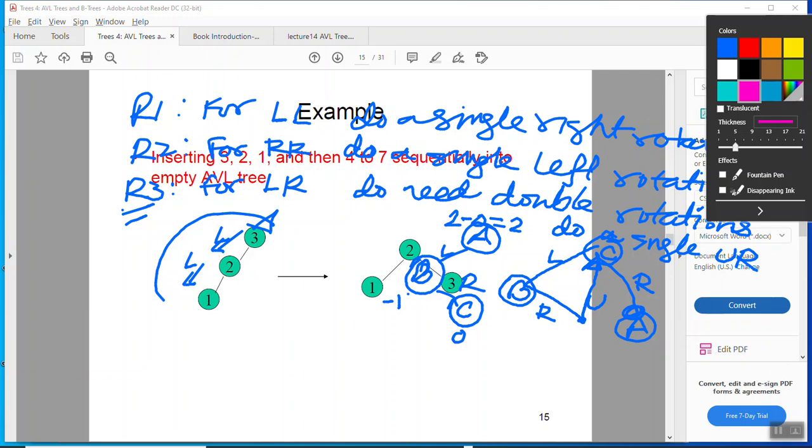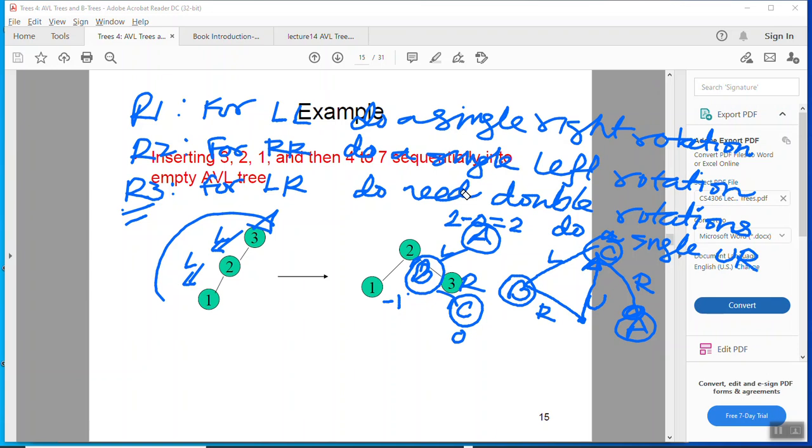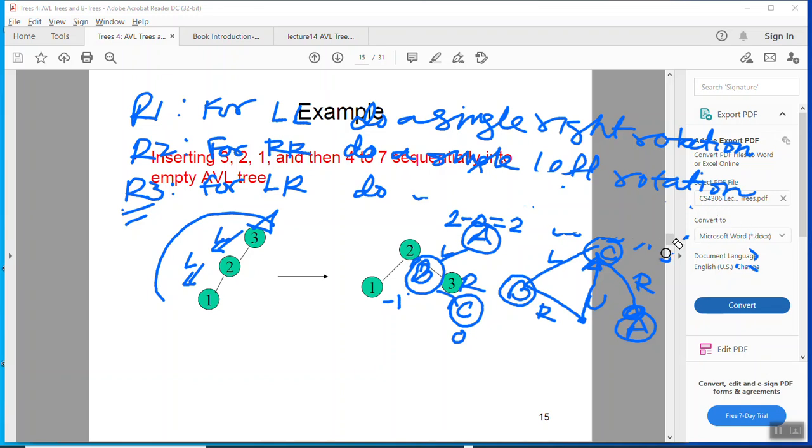Do a single UR rotation. So this is my technique.